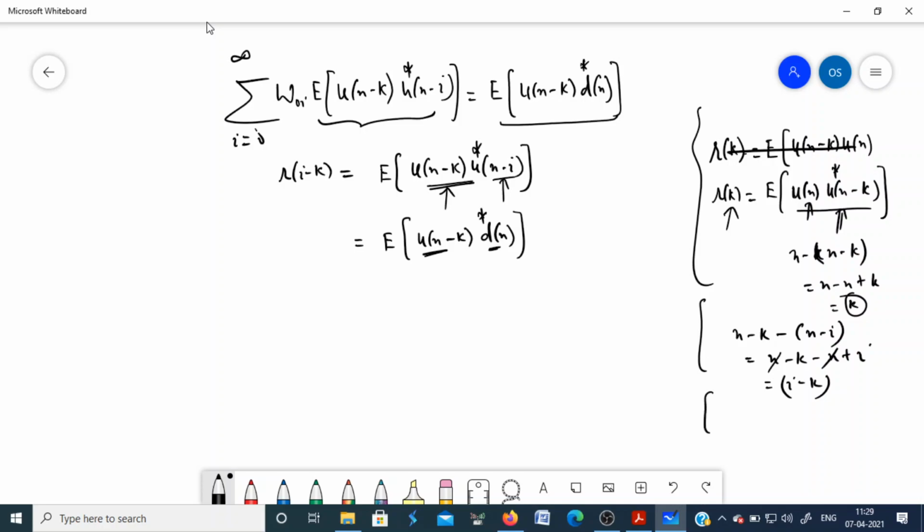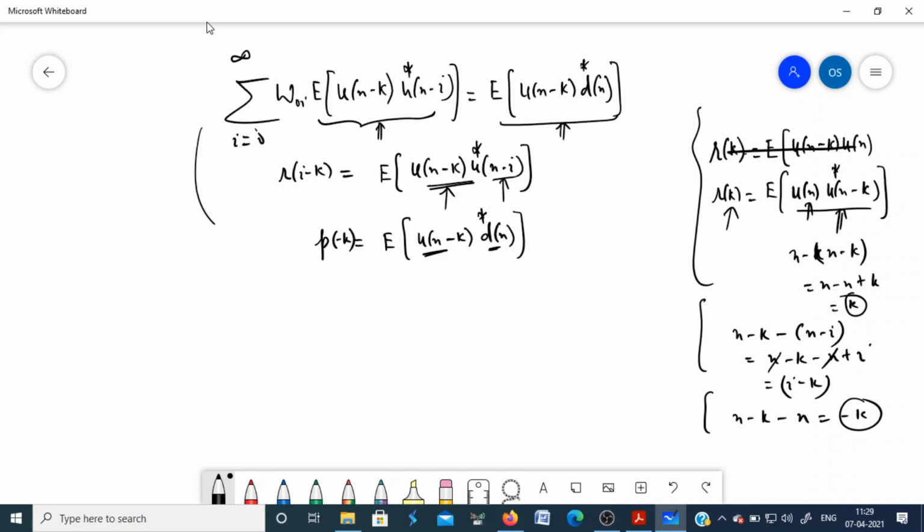The lag is n minus k minus n, which is minus k. So this is the cross correlation between u and d at a lag of minus k. Suppose I denote it with p of minus k. So one term is the autocorrelation between the input samples, and the right hand side is the cross correlation between the input and the desired response.